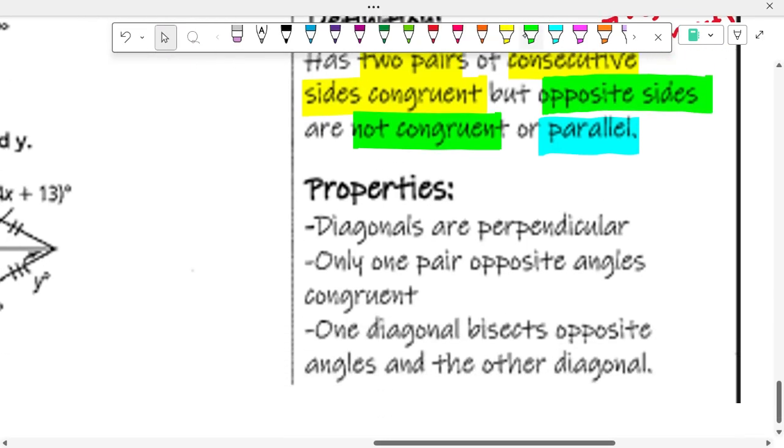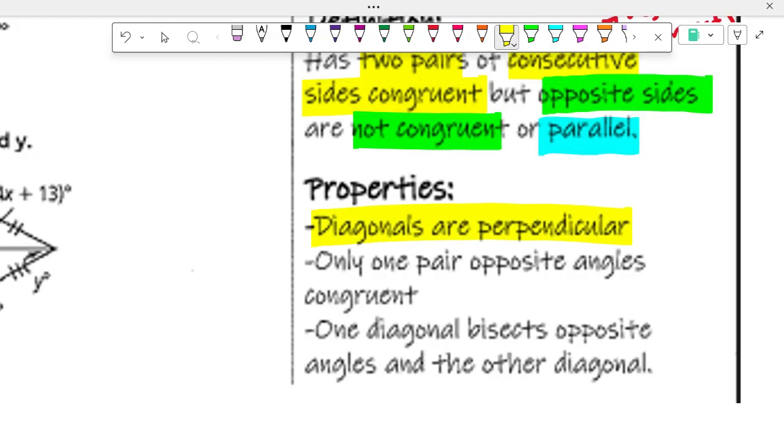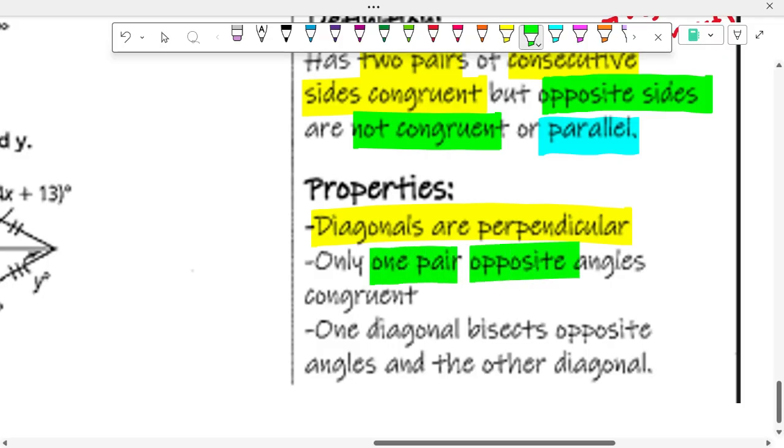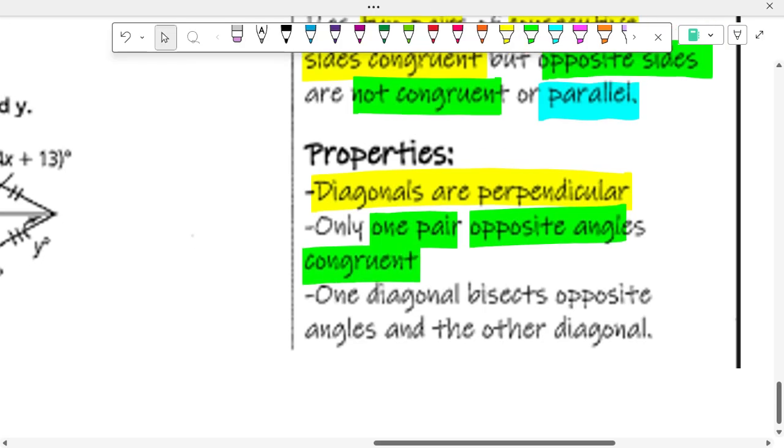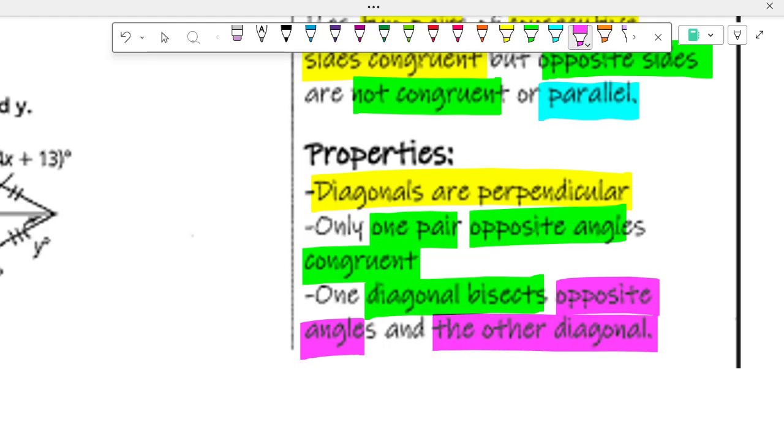Then the diagonals are perpendicular to each other. So just like a rhombus, they come together and form a right angle. Only one pair of opposite angles are congruent. And one diagonal bisects opposite angles and the other diagonal. So it doesn't cut both diagonals in half.